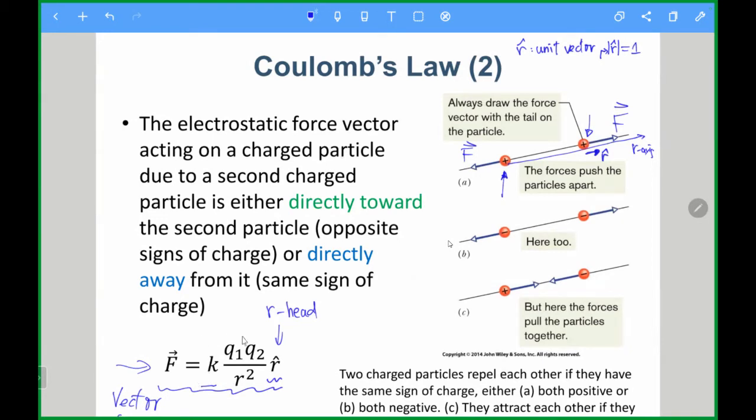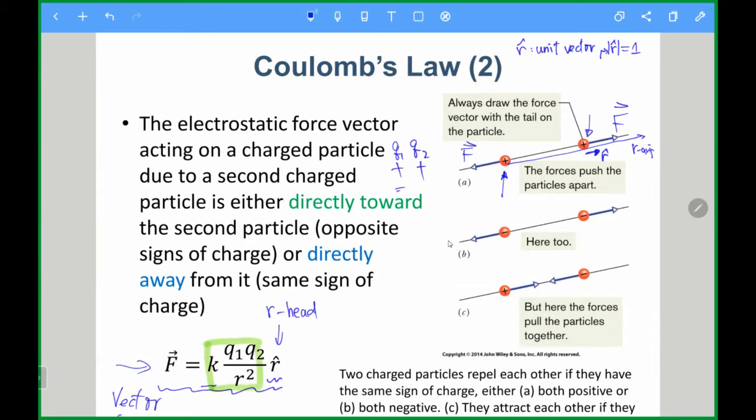So if Q1 and Q2 are positive, this term is positive.